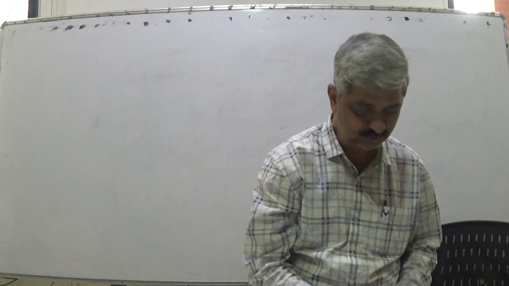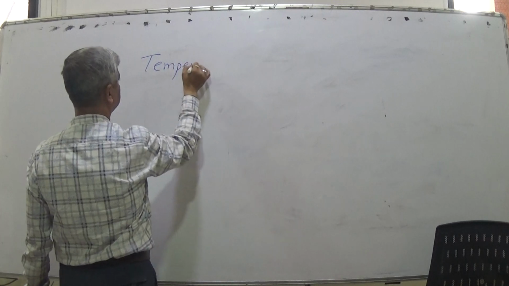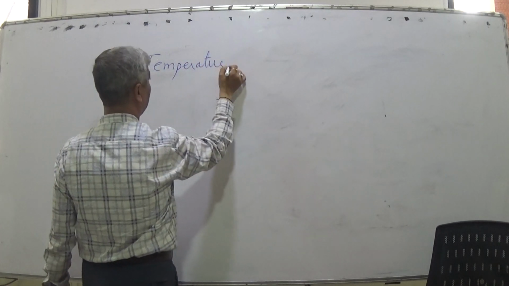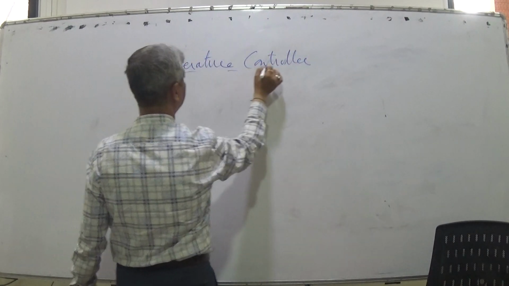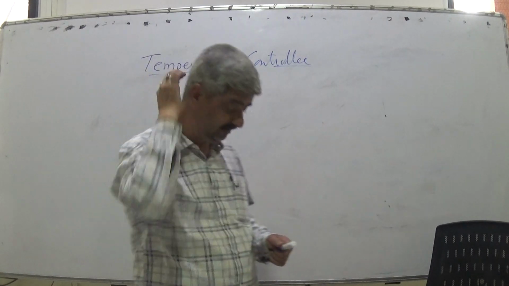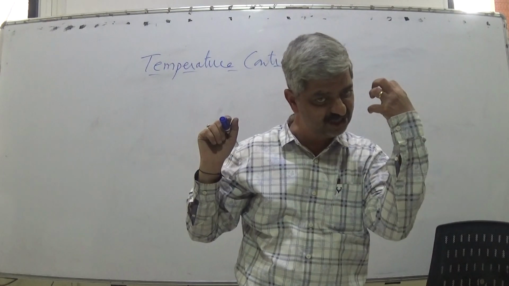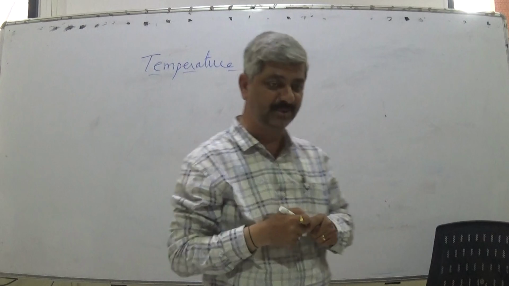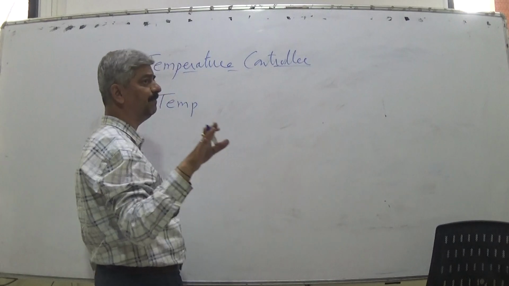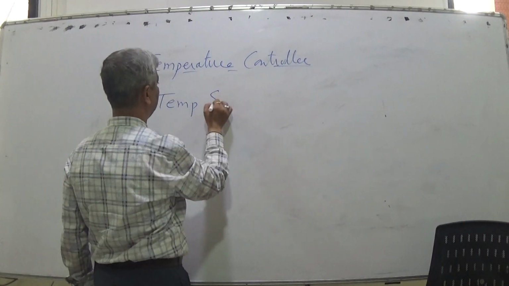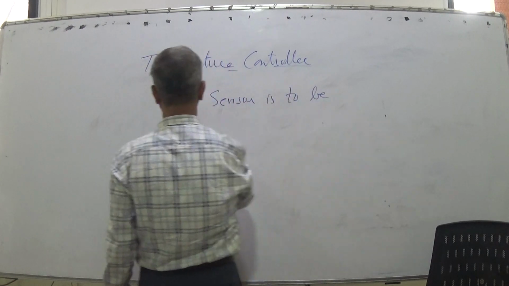Using ADC, we prepare a temperature controller. If I want a temperature controller, the first thing I need is an ADC and a temperature sensor, which we discussed. If I want an application for a water temperature controller, the temperature sensor is to be mapped.